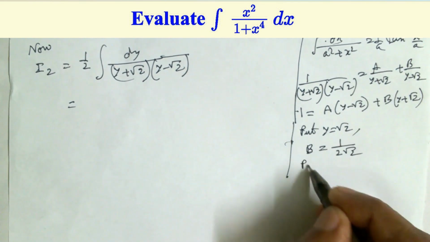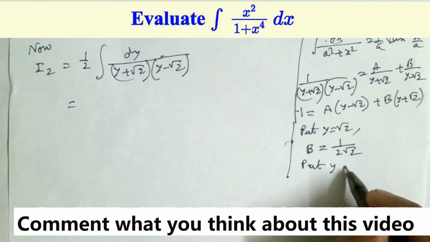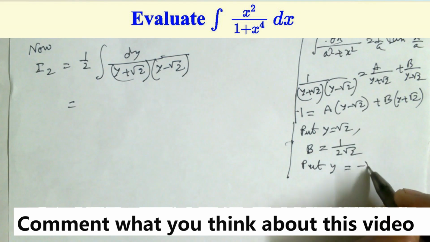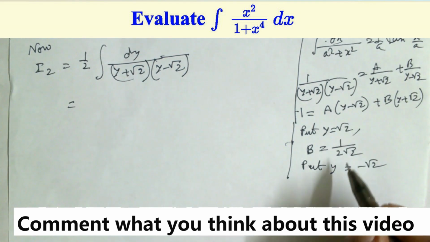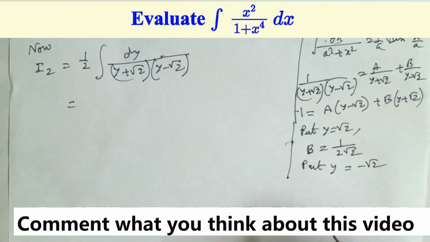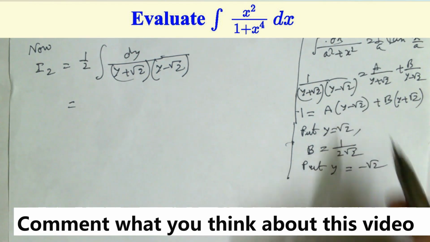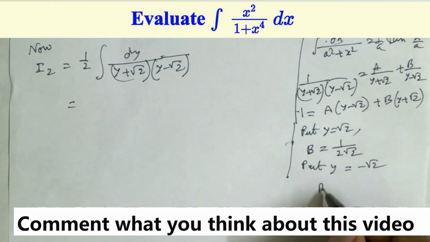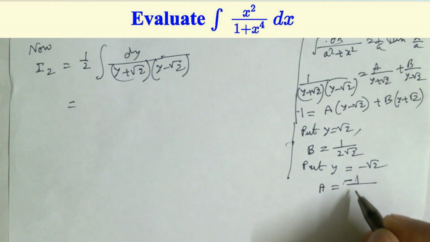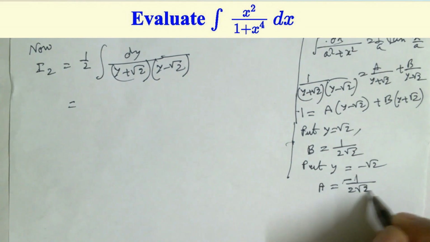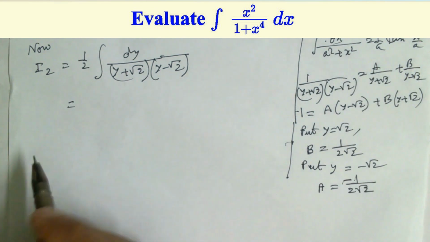Now put y is equal to minus root 2. Then this term will be 0. So this will be minus root 2 minus root 2, minus 2 root 2. So a is equal to minus 1 by 2 root 2. Now express this by these two terms.